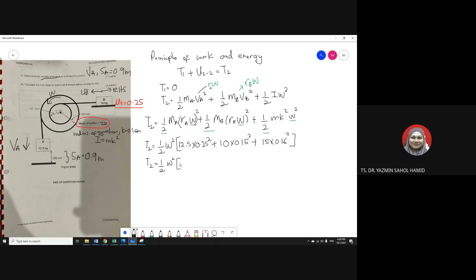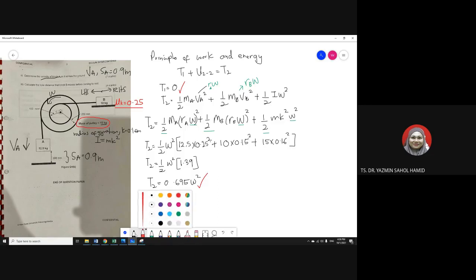What do you get? 1.39. Okay, correct, 1.39. Don't forget to divide by 2. So T2 will be 0.695 omega squared. Okay, now that's done. So here we have answered what is T1, what is T2.